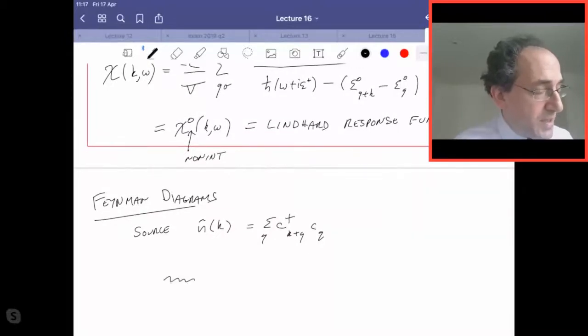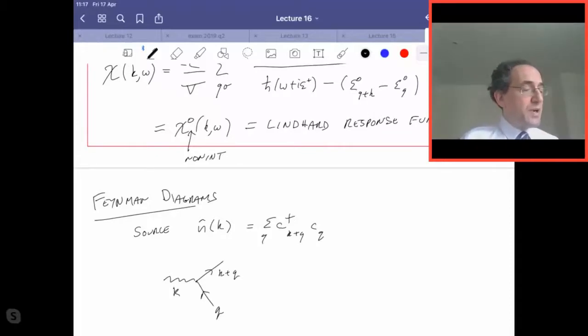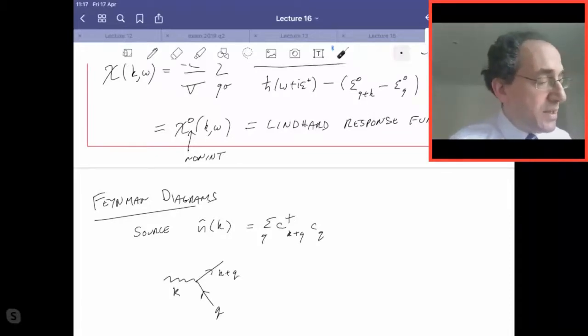This is something being measured at k, and we have a q coming in which we destroy, and a k plus q coming out. So you destroy a q, coupled to some external potential, and create a k plus q.